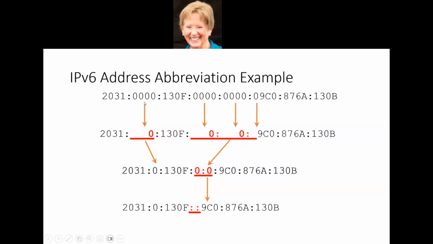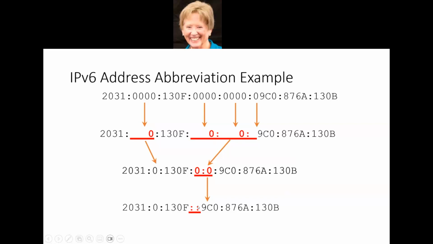So here's the example from the curriculum. Here we have our original IPv6 address. We can shorten this one down to 10, this one to 10, and leave the leading 0 off of this because significant digits would be to the right. And then we can bring this further down and have a double colon there.